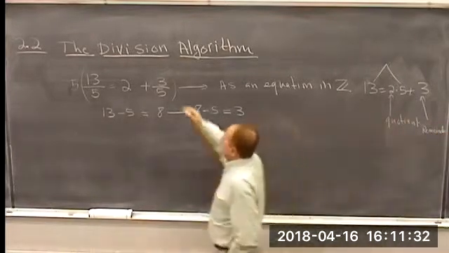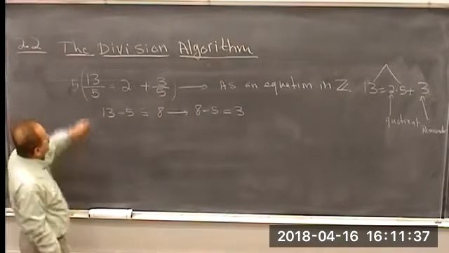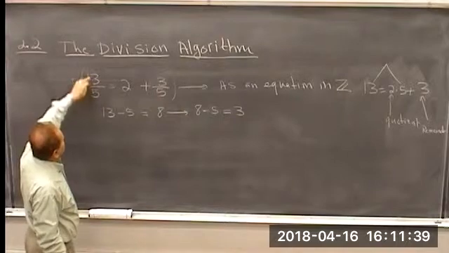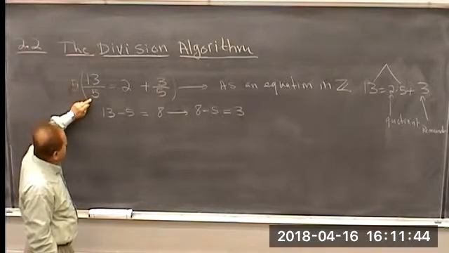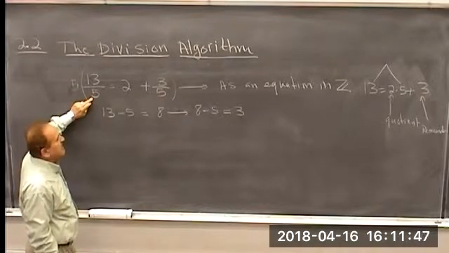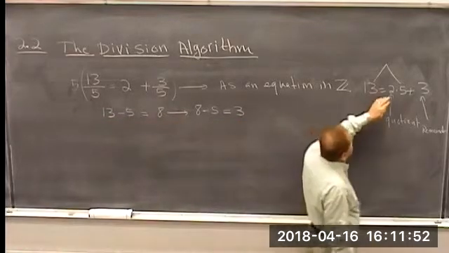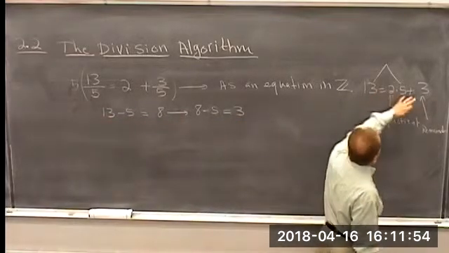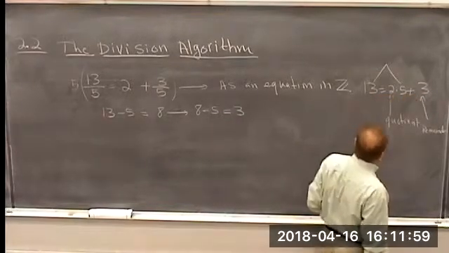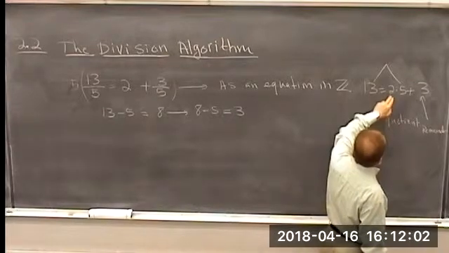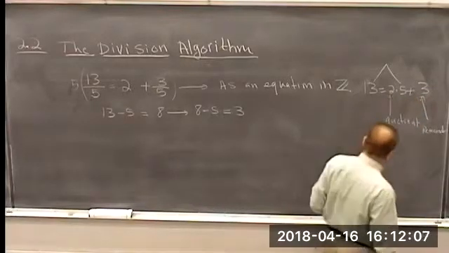All right, so the division algorithm is basically saying that if you are given two integers, an a and a b that is positive, that we're going to start with, then we can find two integers, in this case the 2 and the 3, and these are unique. And we cannot find any others to express 13 in this form. All right? So there exists a quotient and a remainder which satisfy certain properties.